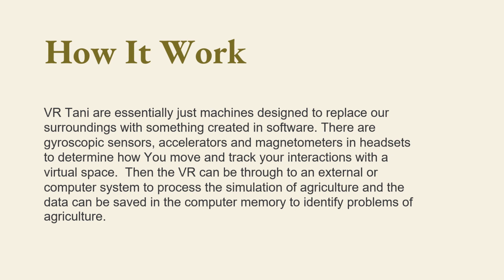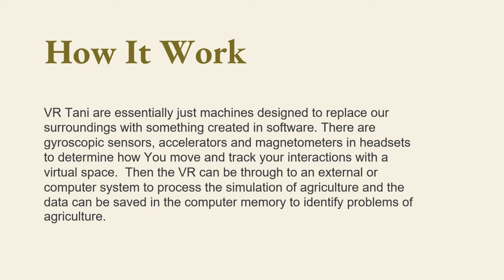Next is how it works. Vr Tani is essentially a machine designed to replace our surroundings with something created in software. They use gyroscopic sensors, accelerometers, and magnetometers in the headsets to determine how a person moves and to track your interaction with a virtual space.